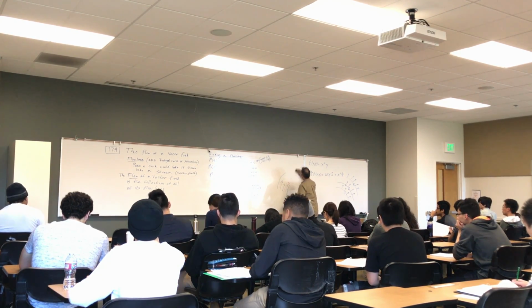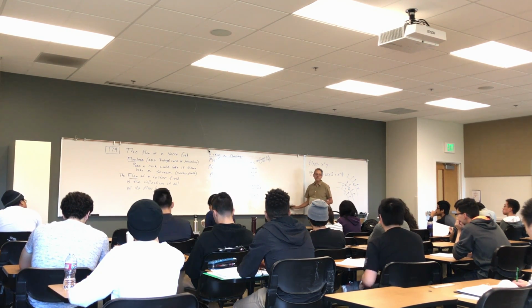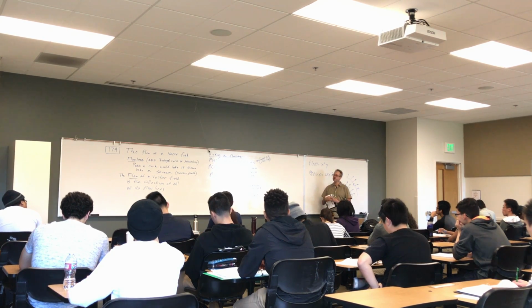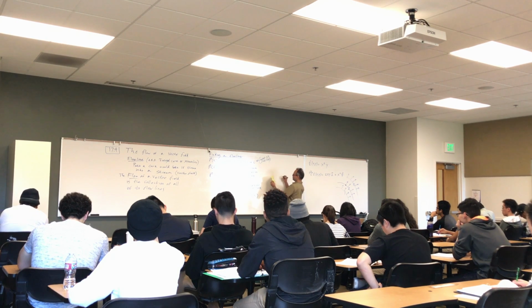So, I think one of the hard things about this, one of the things that I always found hard anyway, was just some of the notation at first. And so I'm going to try to break the notation down to give you a good way of looking at it.